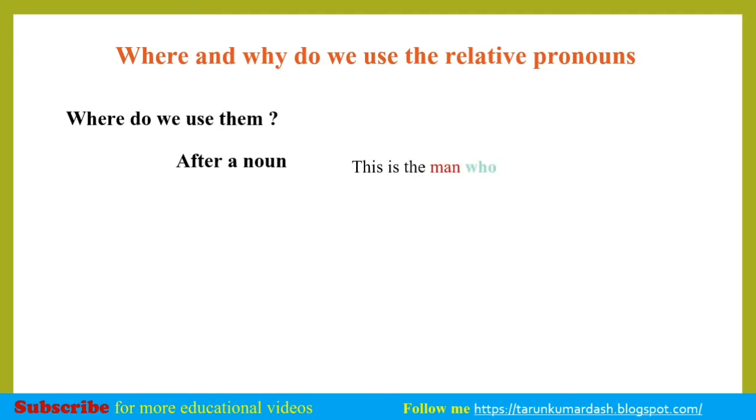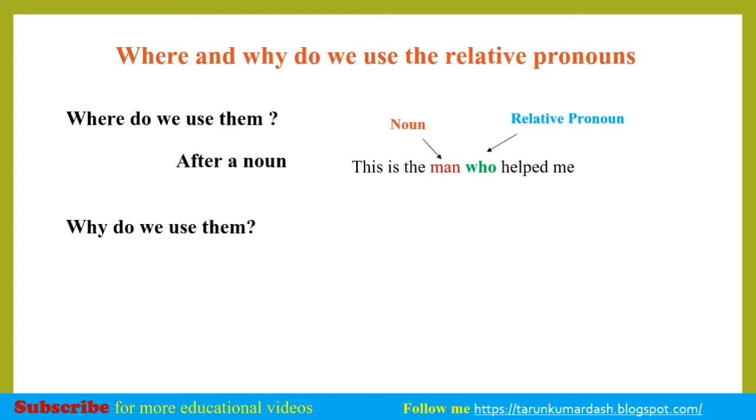The example is, this is the man who helped me. Here man is the noun of the sentence, and to specify, to describe, to give information about the man, we have used the word who, and this word who is the relative pronoun in the sentence.